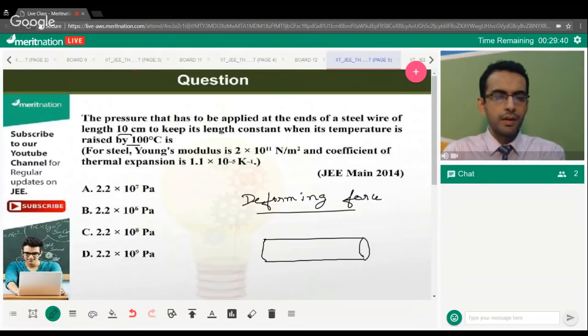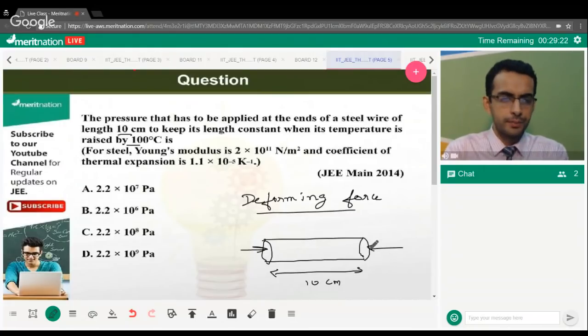Now, what is given here? Here is a steel wire. Let's take the wire to be in cylindrical shape. Its length is 10 centimeter, and we are applying a deforming force like this to compress it, and we are increasing its temperature by 100 degrees Celsius.